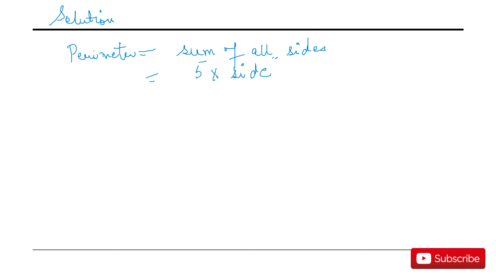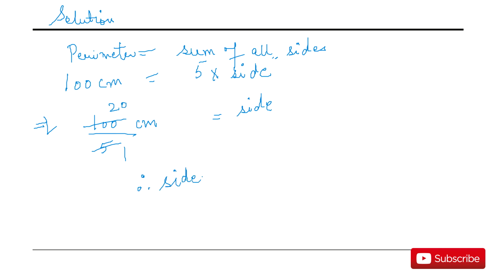The value of the perimeter is given to me as 100 centimeters. Now to calculate the side, since 5 is on the right hand side, to bring it to the left hand side, I will divide 100 by 5. Unit remains the same. So 5 ones are 5, 5 twos are 10, 20. Therefore I have got my side equal to 20 centimeters.